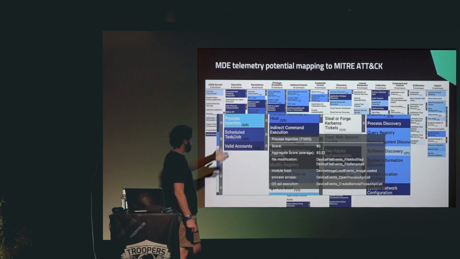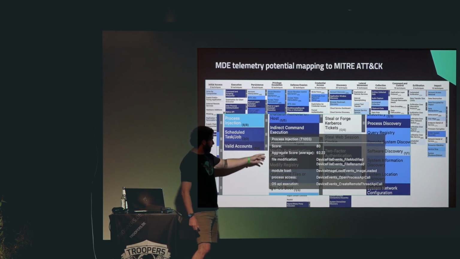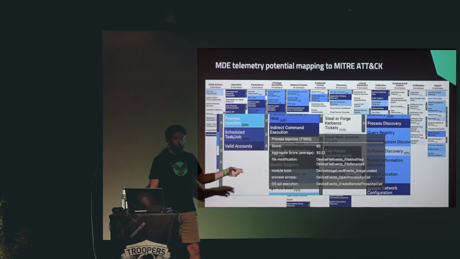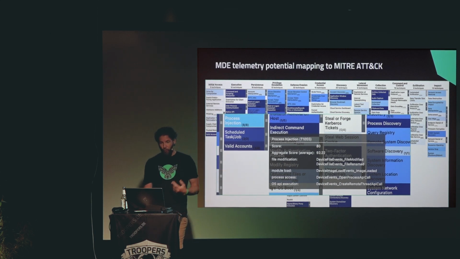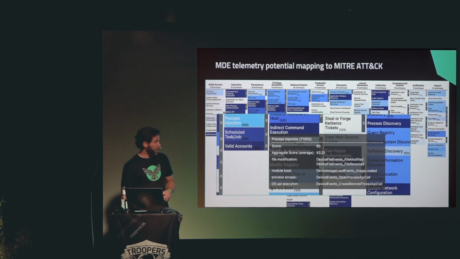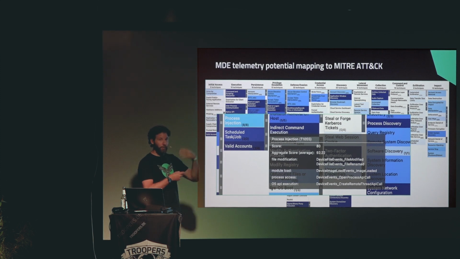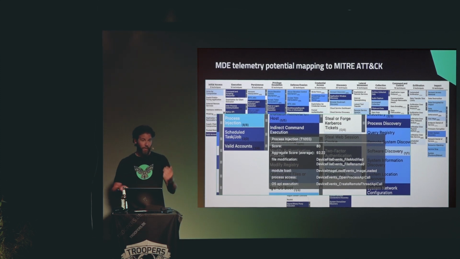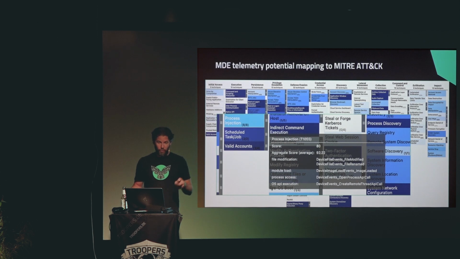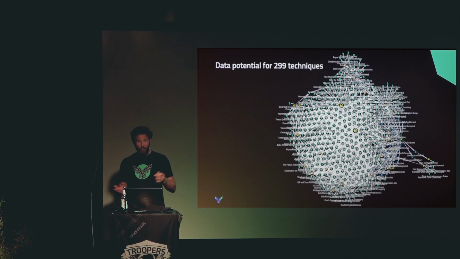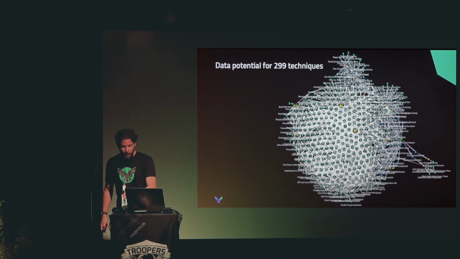For instance, for this process injection event, MITRE lists a bunch of data sources that they deem useful for you, and we can map it back to, okay, then we have to look at the device file events and the file modified flag, for instance. So it's just a starting point, and it gives you quite a large data potential, right? We put everything into Neo4j, graphed it with a customized BloodHound, and of course this is illegible. It looks pretty.